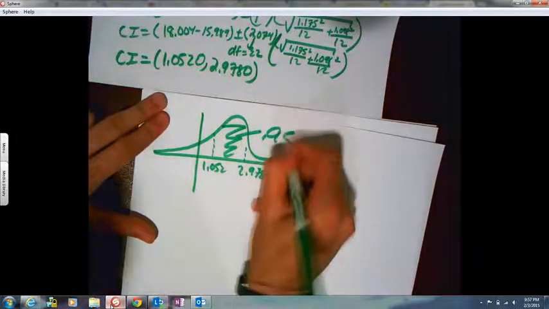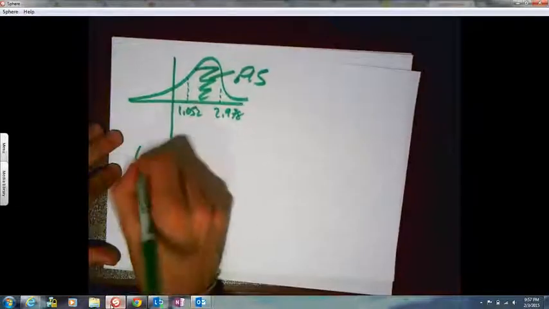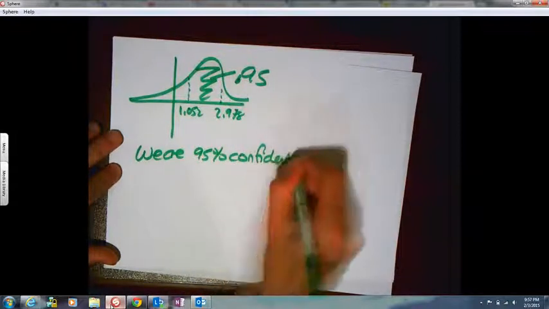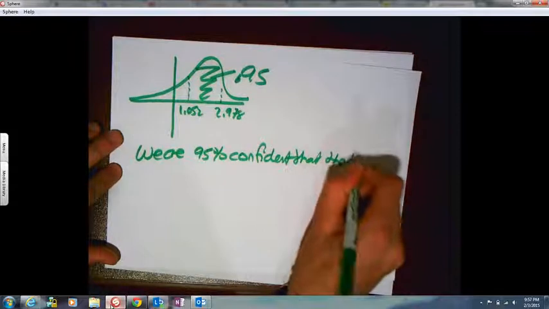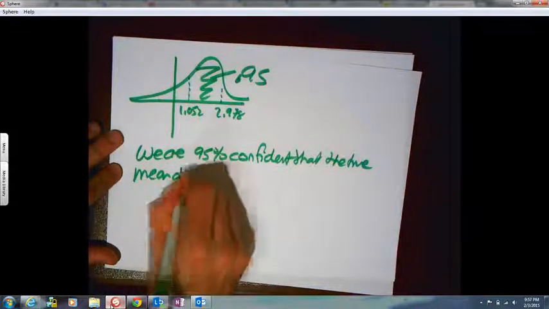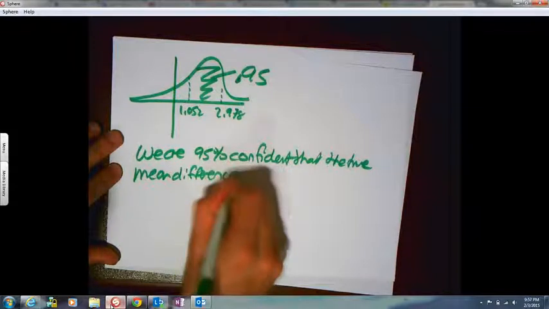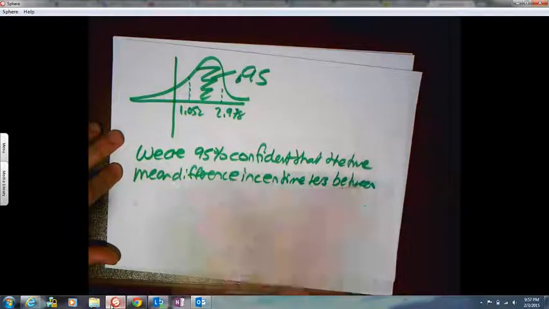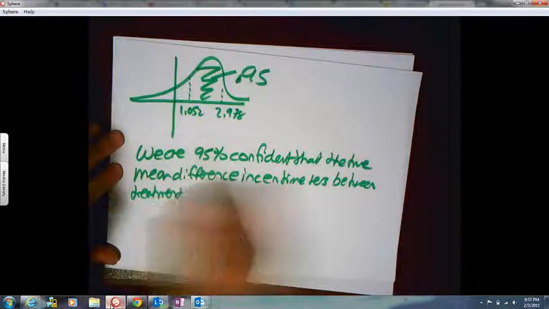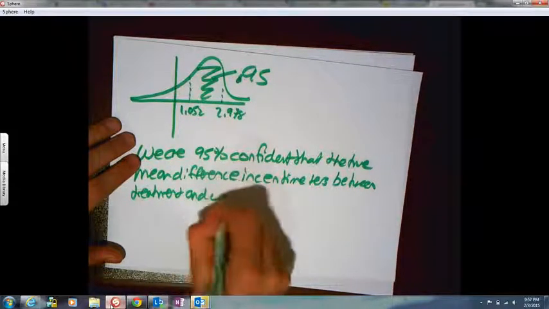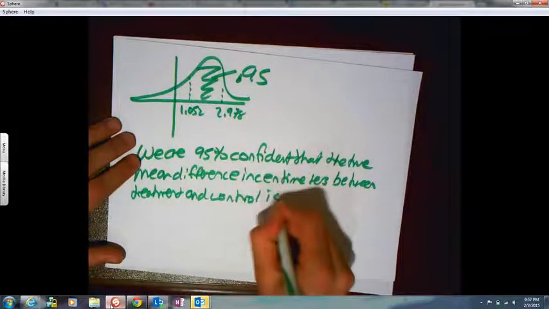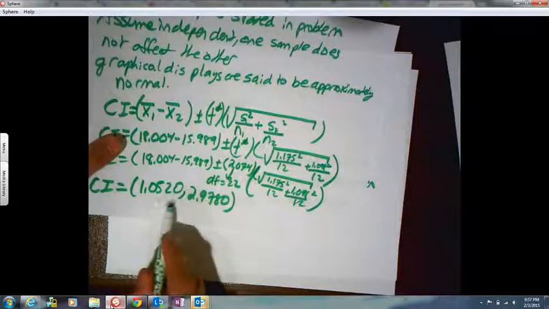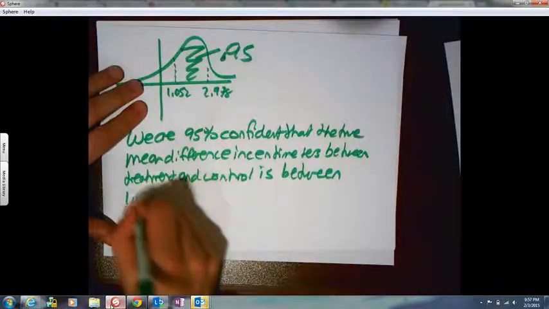So now the sentence: we are 95% confident that the true mean difference in centimeters between treatment and control is between 1.052 and 2.978 centimeters.